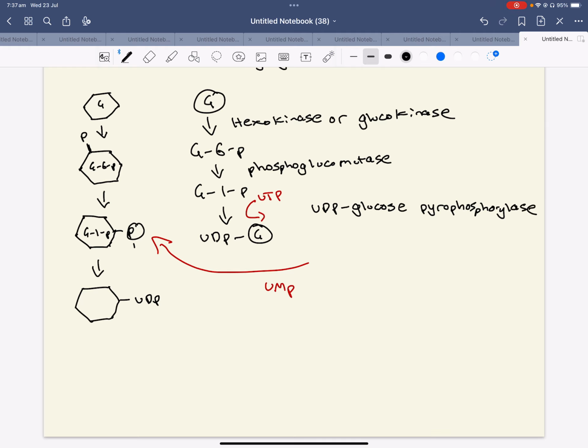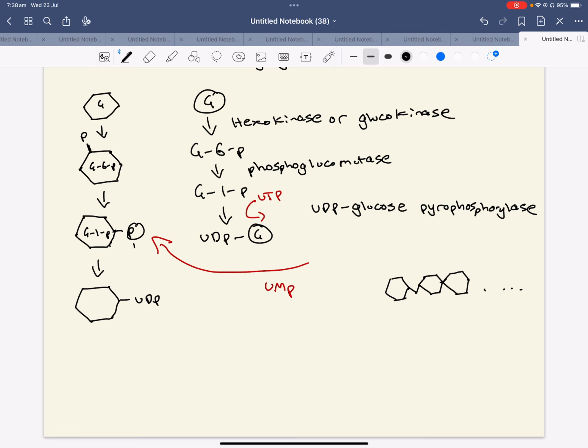And now we want to generate glycogen. I want you to remember glycogen is literally just chains of glucose, etc. It's chains of glucose, and it has branching.